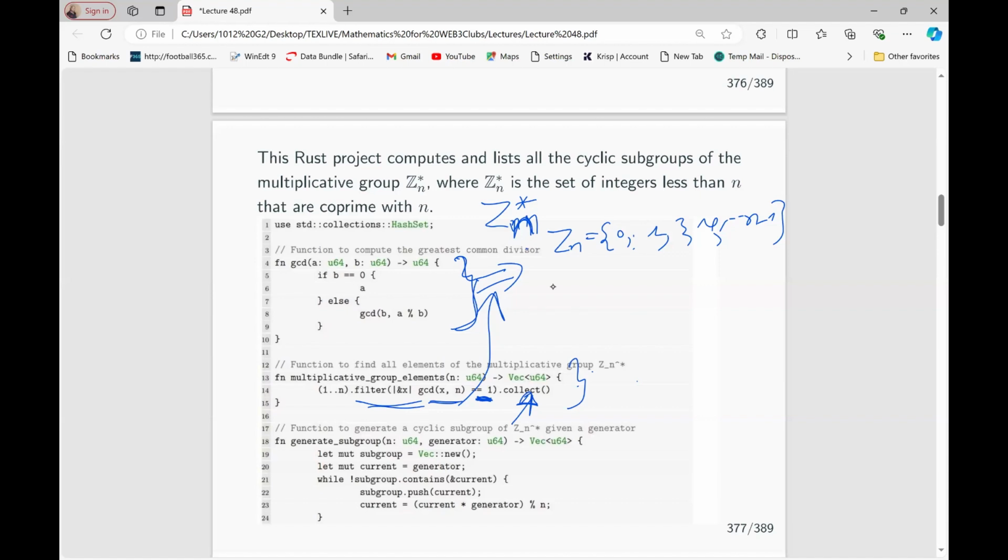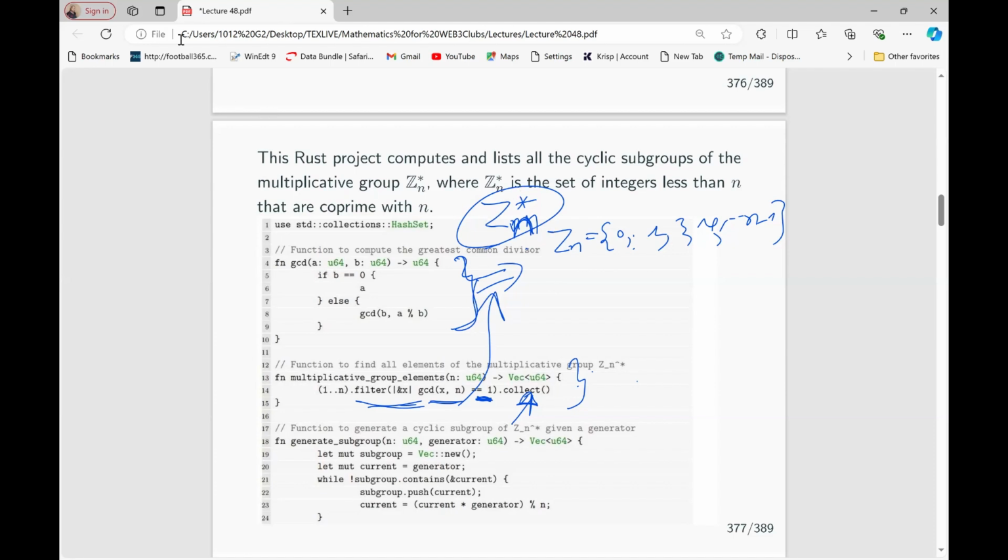So this one just found the GCDs, and this one now collects the ones which are relatively prime, in other words, those which belong to the group. I've called it multiplicative group elements. The elements of the multiplicative group are those relatively prime to n.